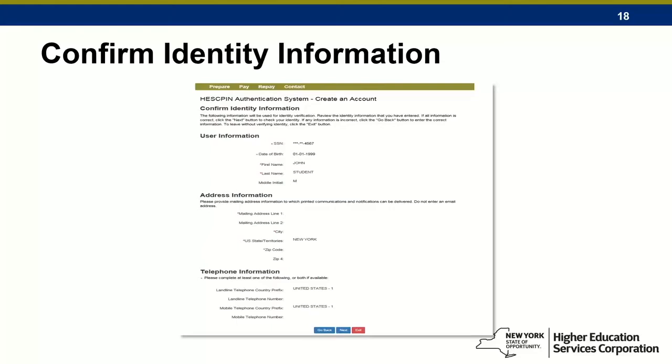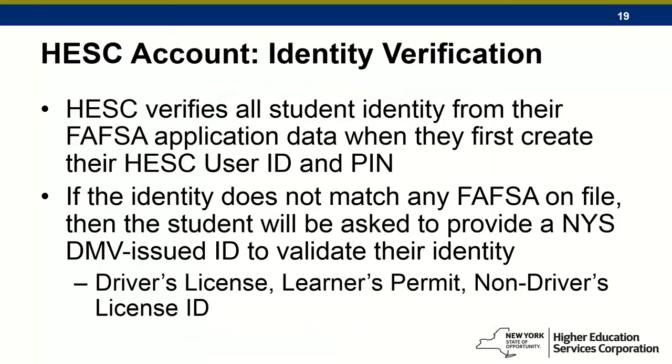If the student was applying directly on the HESC website without linking through FAFSA, then they would be required to enter their identity information, which brings up an important issue. HESC identifies the student, and we verify their identity using the information they provided on their completed FAFSA application.